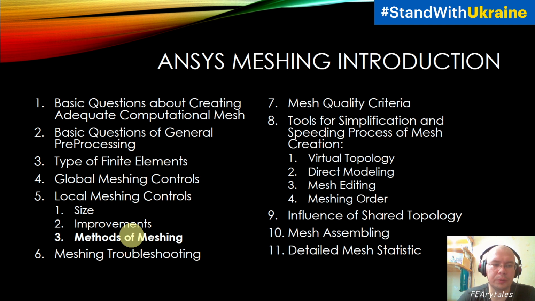We talk about global mesh controls, we talk about local mesh controls, and during local mesh controls we will talk not only about changing the size of mesh and making some improvements in local places, but about different methods of meshing.